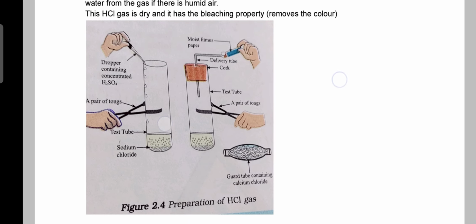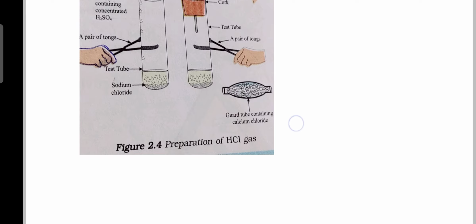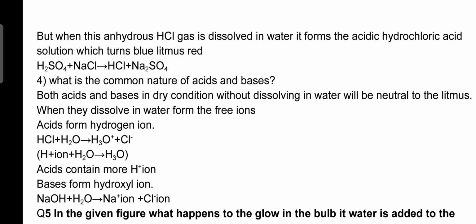It does not remove the color of cloth or paper. If the hydrogen chloride is dissolved in water, it forms the acidic solution of hydrochloric acid, which turns blue litmus red.